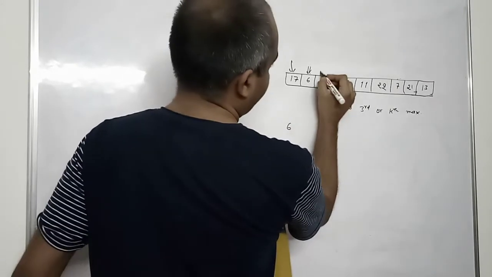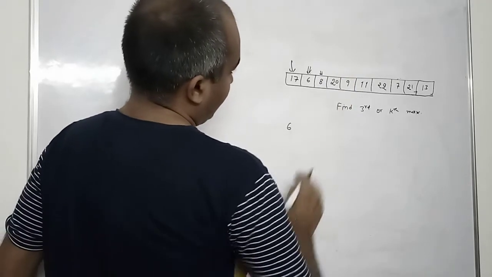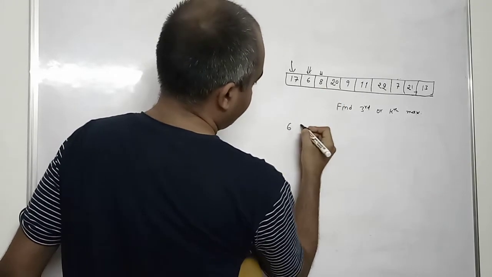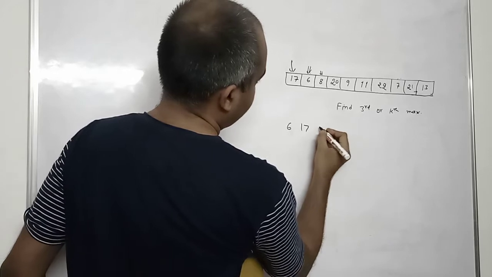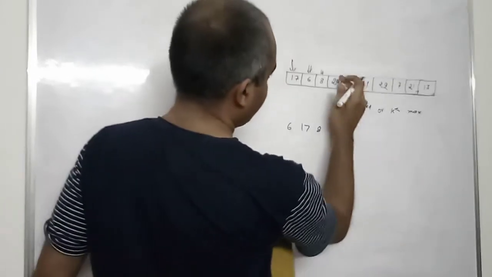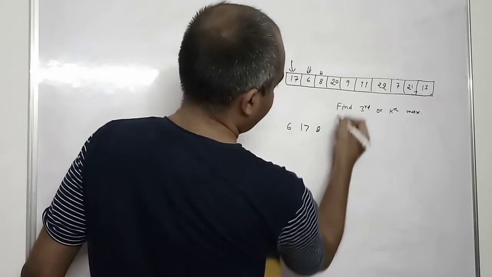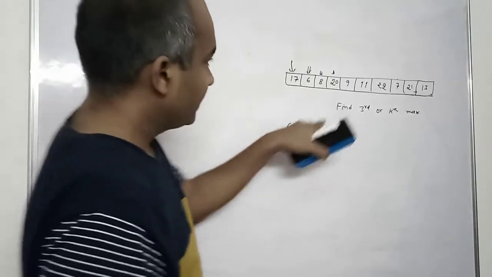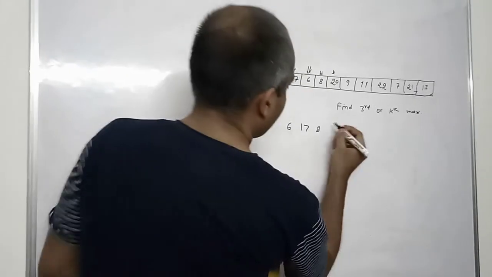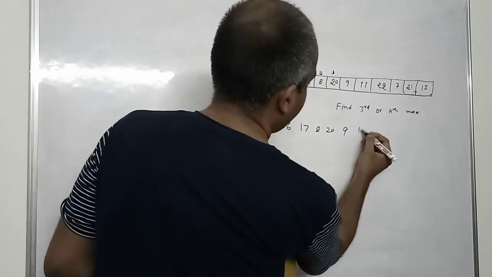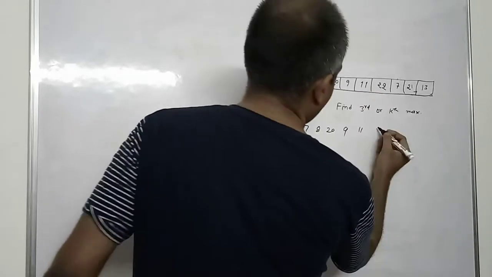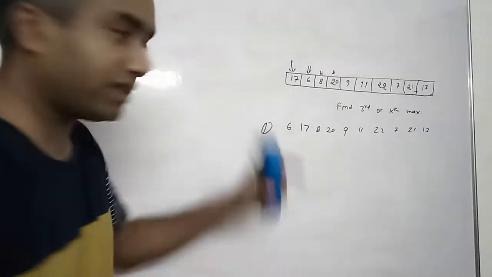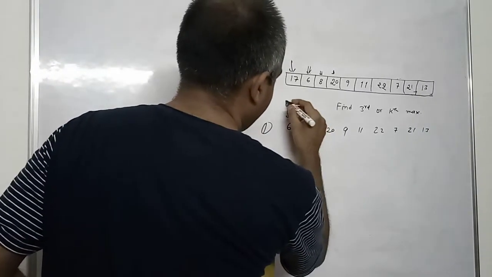Then I go to 8, and 8 is not smaller than 6, so I keep 8 there. Then 20 is also not smaller than 6, which is now at the 0th position, so 20 stays. Similarly 9, 11, 22, 7, 21 and 30, nothing is swapped. So in the first iteration, you have got the smallest element at index 0.